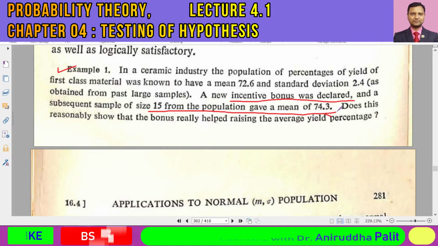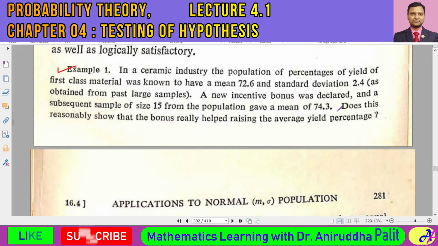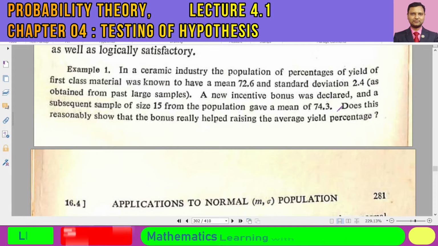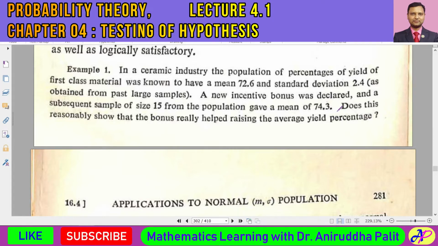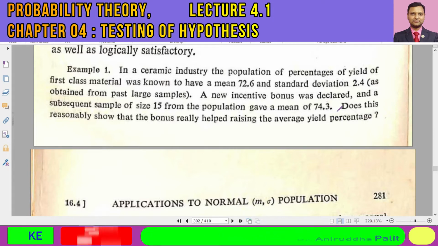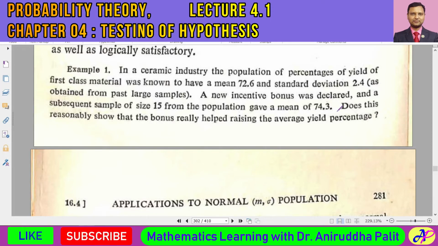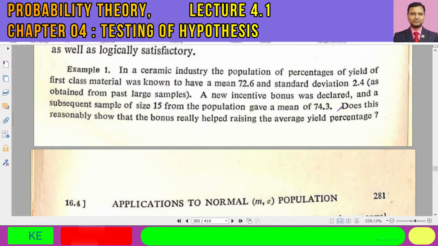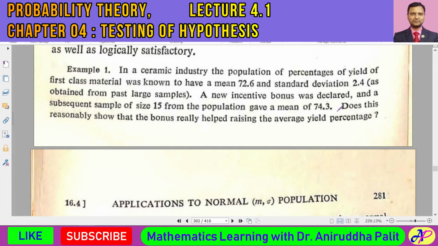After giving some incentive bonus to the workers, it is expected that workers will perform better, and therefore the company is trying to verify whether indeed there is any such improvement of the quality in the production process.